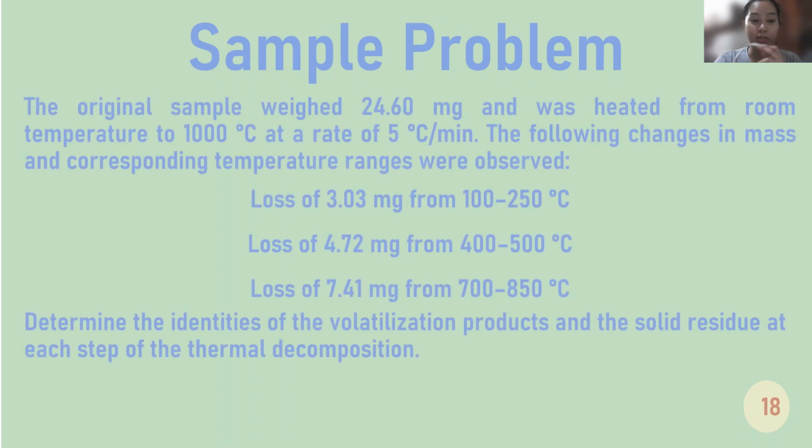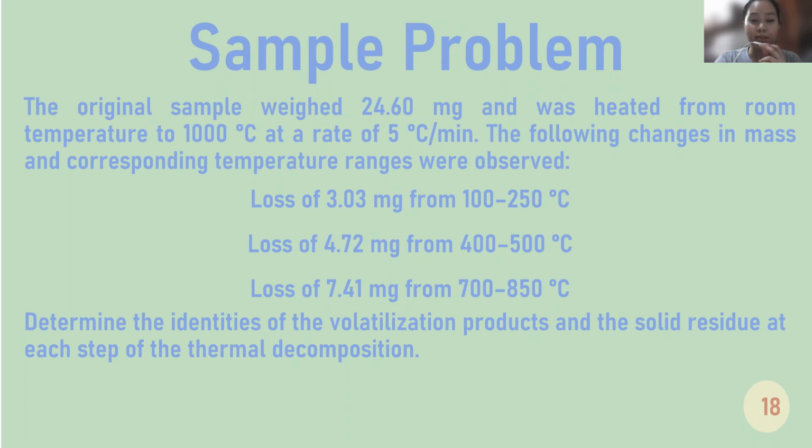Let us try to answer this sample problem. The original sample weighed 24.60 milligrams and was heated from room temperature to 1000 degrees Celsius at a rate of 5 degrees Celsius per minute. The following changes in mass and corresponding temperature ranges were observed: a loss of 3.03 milligrams from 100 to 250 degrees Celsius, a loss of 4.72 milligrams from 400 to 500 degrees Celsius, and a loss of 7.41 milligrams from 700 to 850 degrees Celsius.